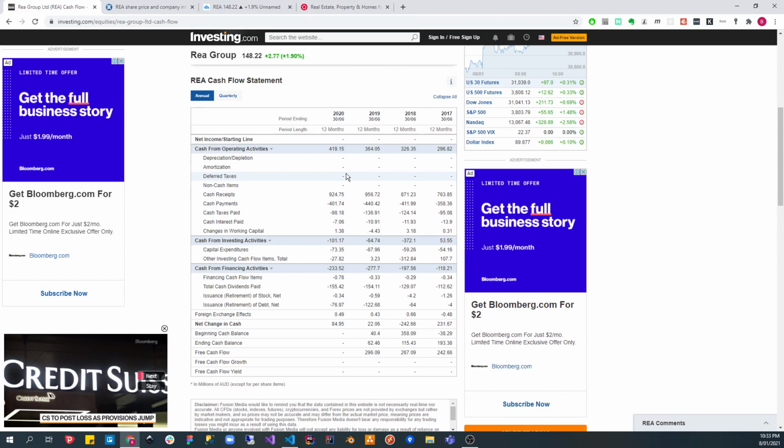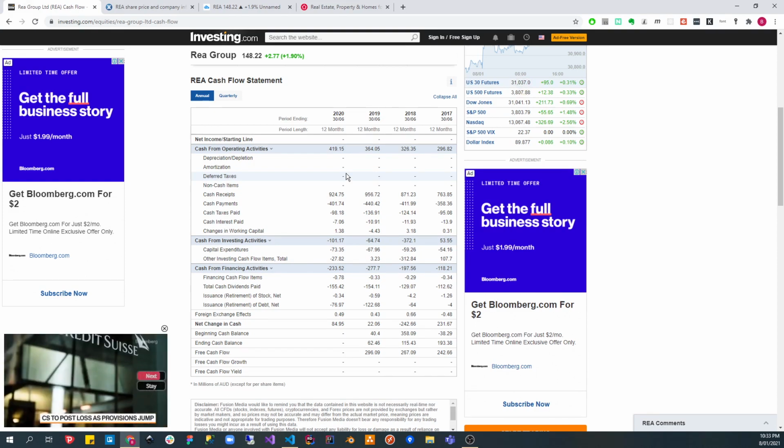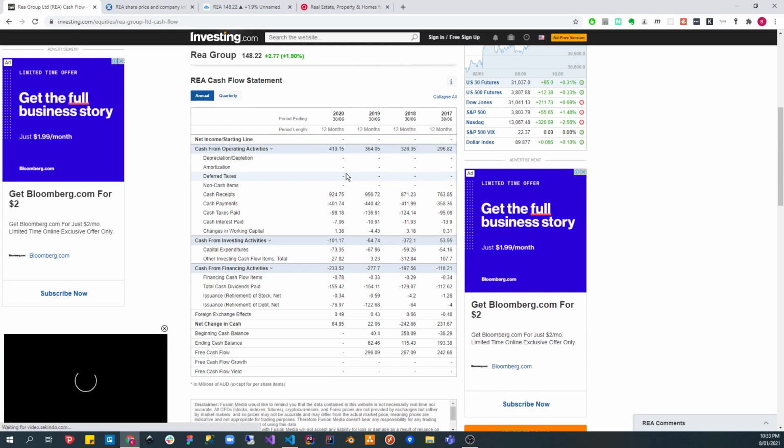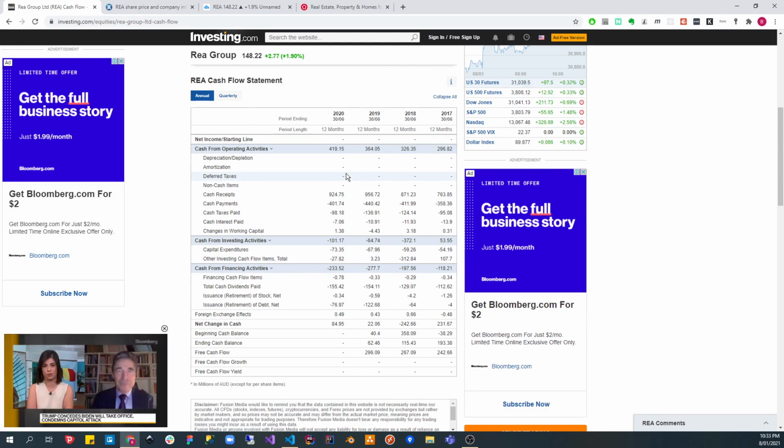Because of the lower interest rate, people want to take advantage and buy houses, and it's pushing house prices up. Initially, during the first stages of the lockdown, there was a slump in prices, but I believe Melbourne is now about 10% up. That's good for those who own properties.